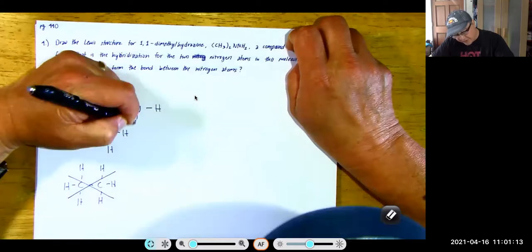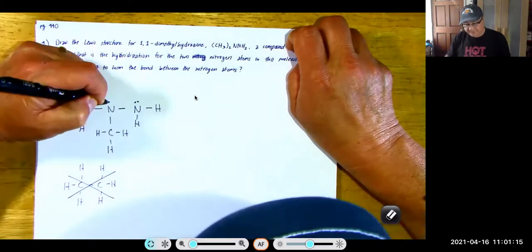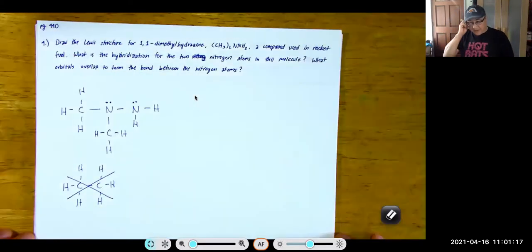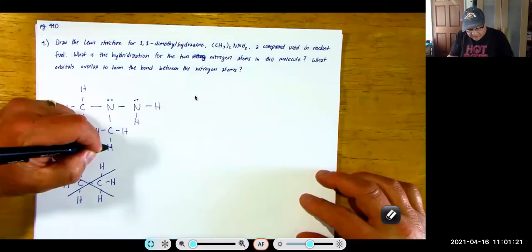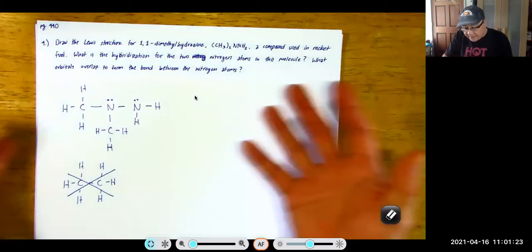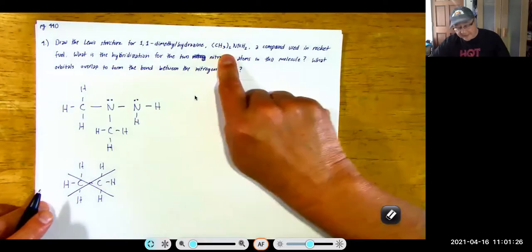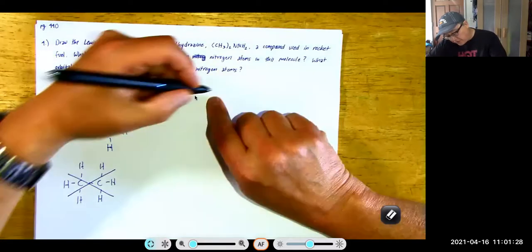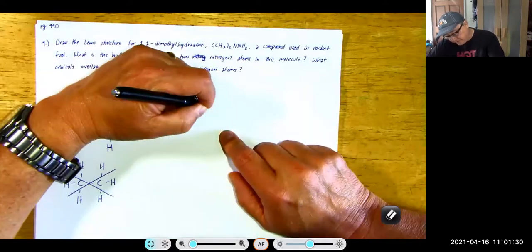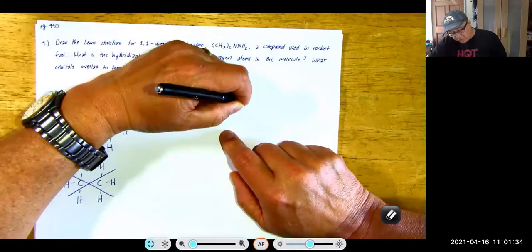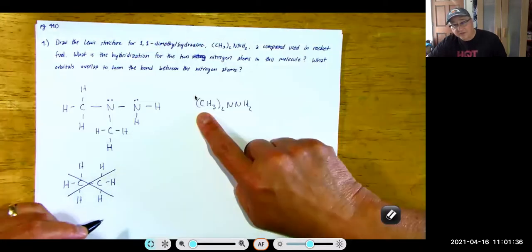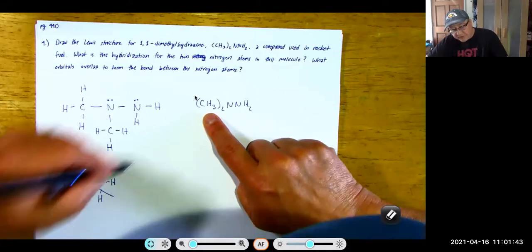Okay, now, of course, the nitrogens are going to have lone pairs. That's what we expect, right? And just to make sure, we're going to count how many electrons we have here and count how many electrons we should have here and make sure that they jive, that they are correct, okay? So for carbon, we have 4 electrons, and for hydrogen, we have 3 for 7 total in there.